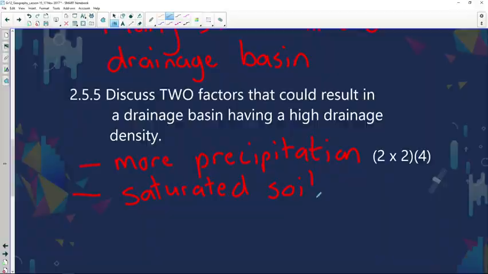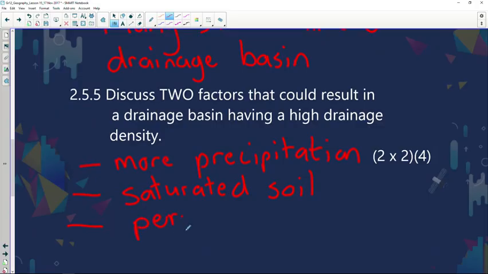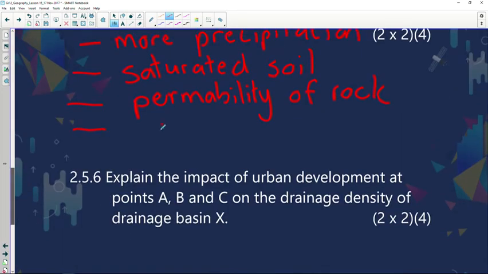Let's say on the surface we find clay. It's very difficult for absorption of water to take place, so it's going to promote a high density drainage basin. If the soil consists more of sand, it's rather going to be infiltration. And we can say the permeability of the rock. The gradient, how steep it is. And then lastly, vegetation cover.